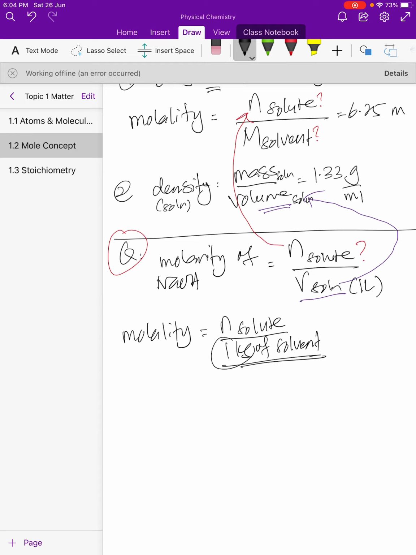So the mass of solvent is 1 kg or 1000 gram. So this is known from the definition.